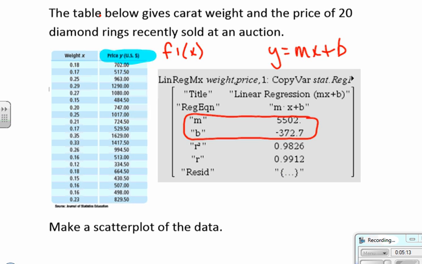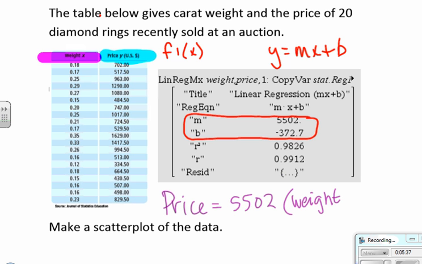So I am going to write price equals 5,502 times weight, since weight is the x variable, minus 372.7. That equation is your regression equation.